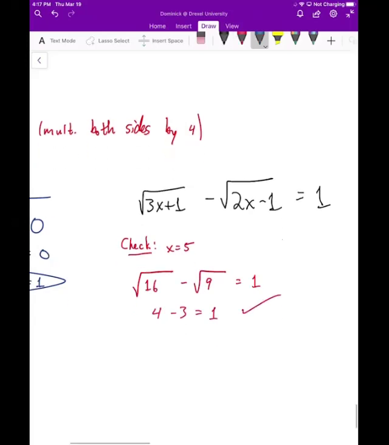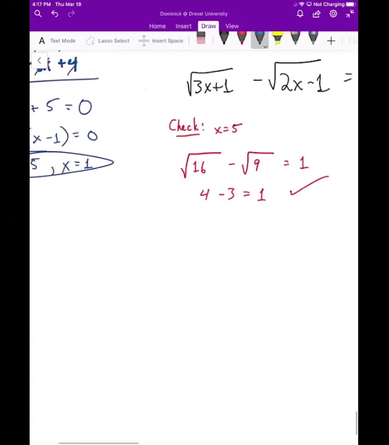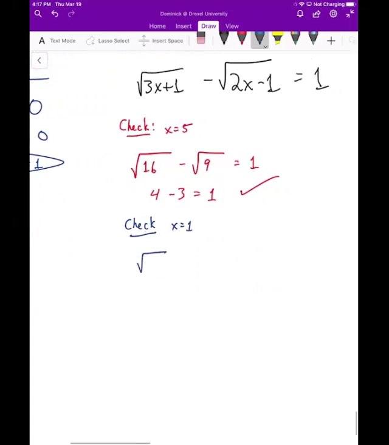Now, if we check our other x value, which was 1, then we get 3 times 1 plus 1 is a 4, minus a square root of 2 times 1 minus 1, so that's a 1. Does that equal 1? And of course, we get 2 minus 1 equals 1. So that one also works.